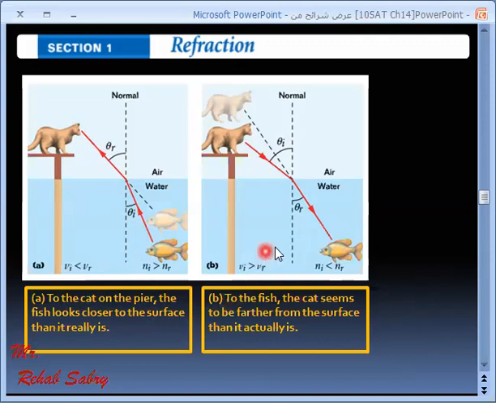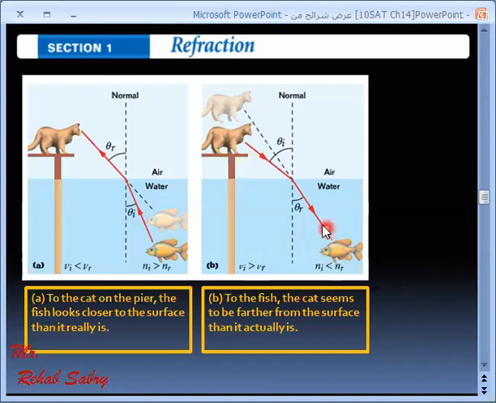And the fish sees the cat by the light that's coming from the body of the cat, which will transfer from air where the light is faster to the water where the light is slower, so it will bend towards the normal as we see.